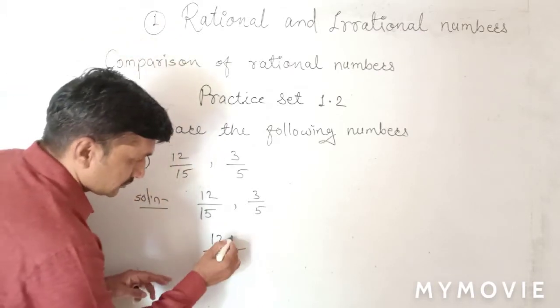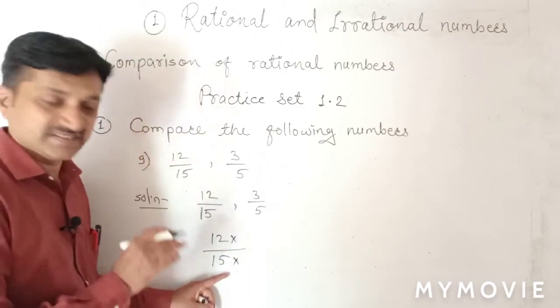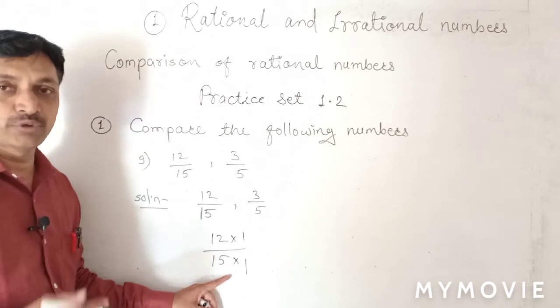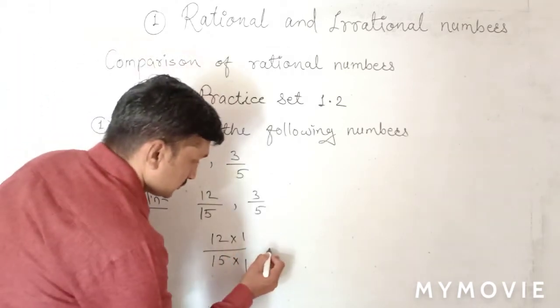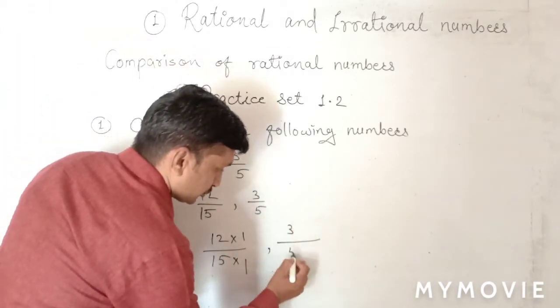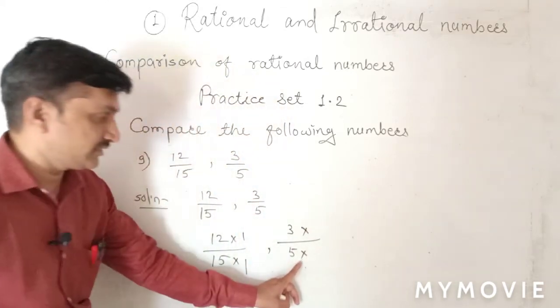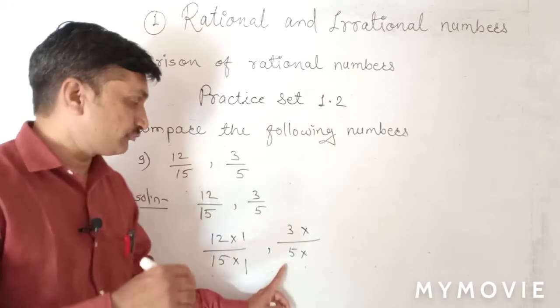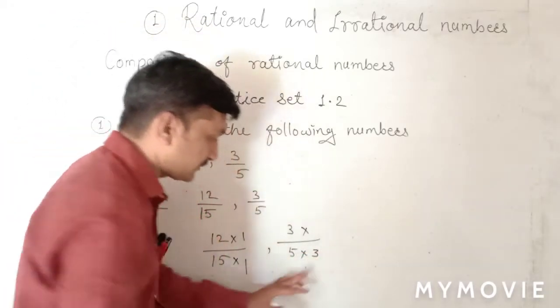12 upon 15. We want 15 itself. That's why I multiply by 1. When we want the same number, multiply by 1. Comma, 3 upon 5, and here we want 15. That's why, table of 5 till 15, 5 3s are 15, and so multiply by 3 here.